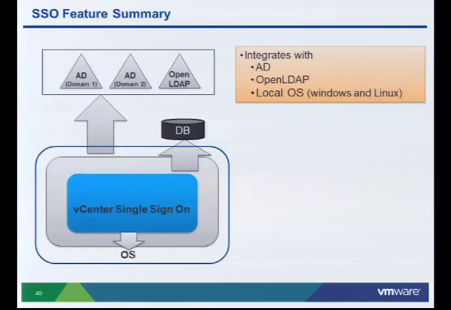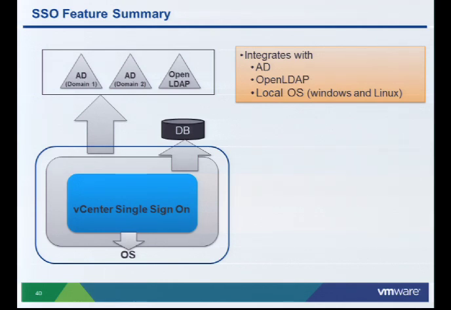So in terms of what the single sign-on server is and how it looks, it's a service. It's essentially a web application. It is not a replacement for your corporate identity. It's not a replacement for your Active Directory. It uses your existing sources of identity as is. So it's the service that can draw users either from Active Directory.